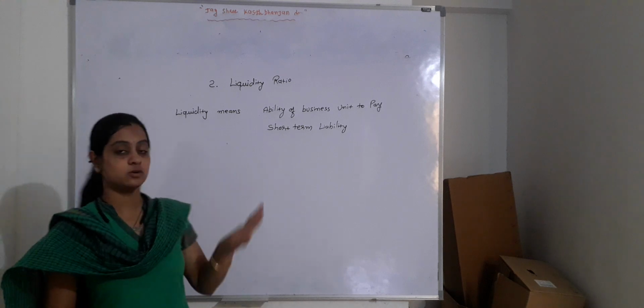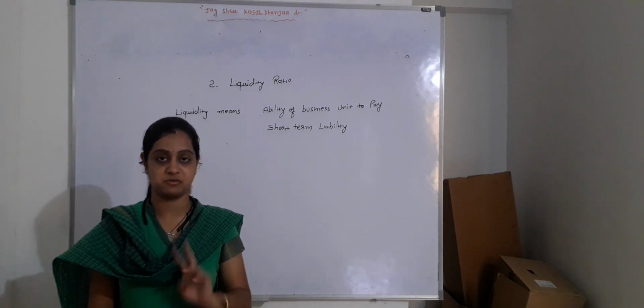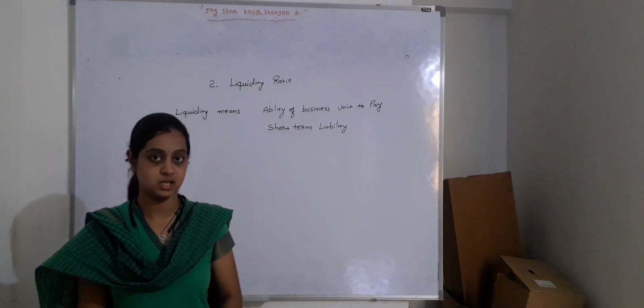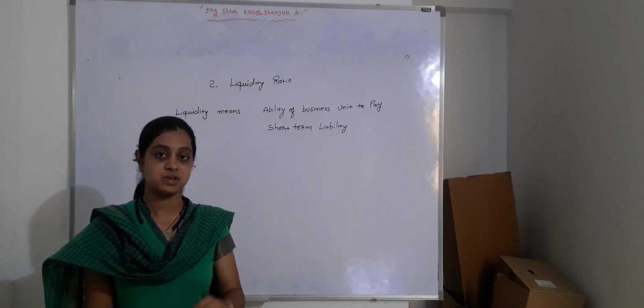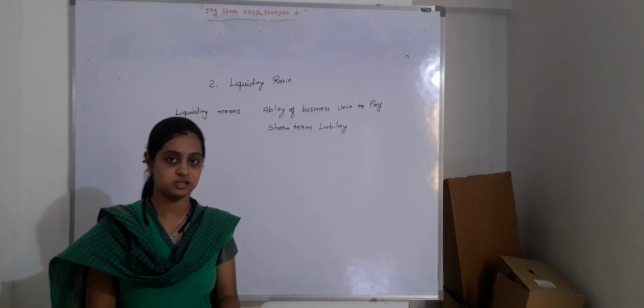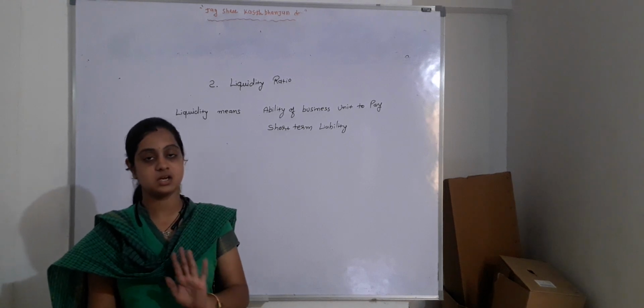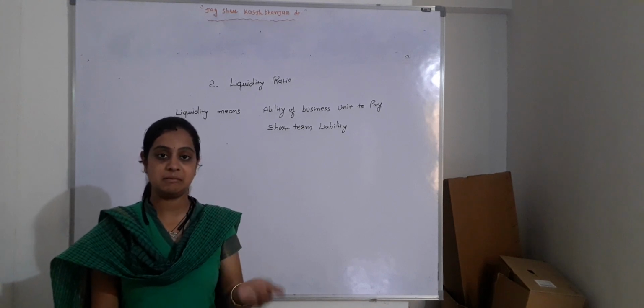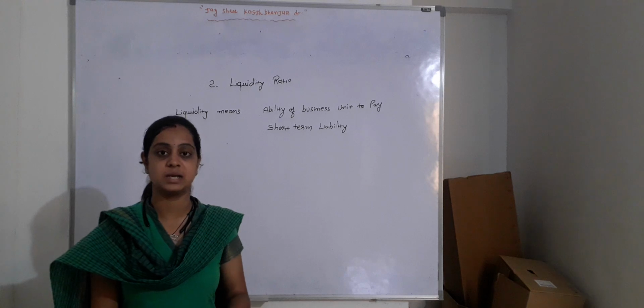So we know there are mainly two types of liability: short-term liability and long-term liability. Those liabilities which we have to pay within 12 months are known as short-term liabilities, and long-term liability means the liability which we have to pay after 12 months.